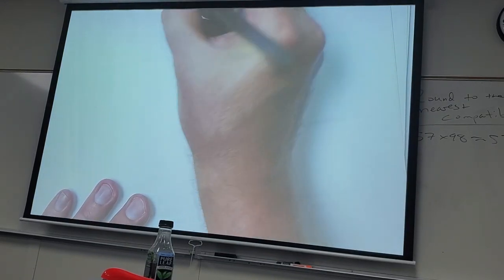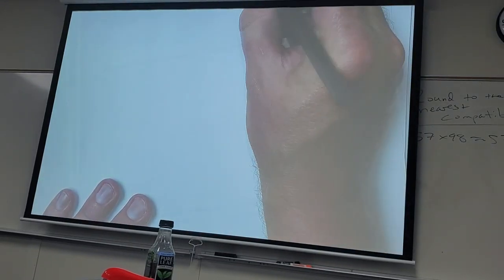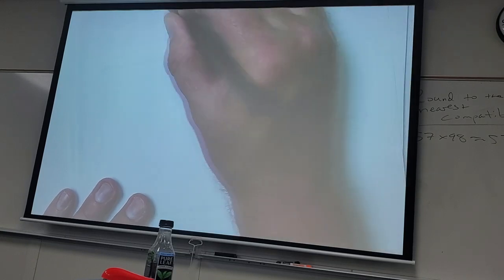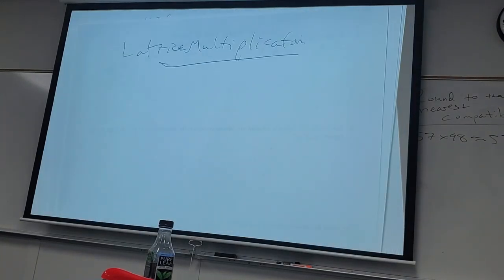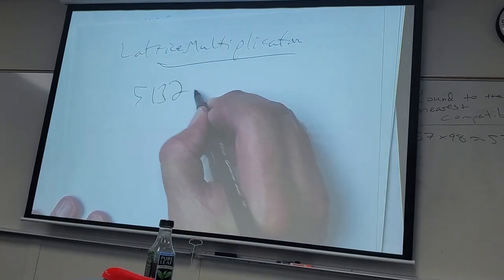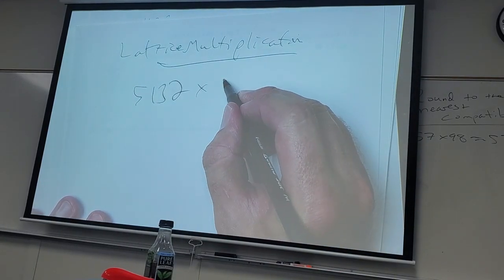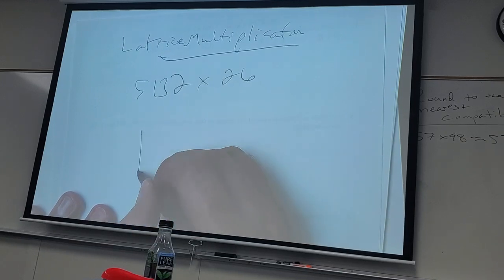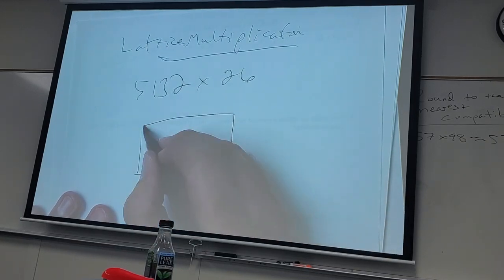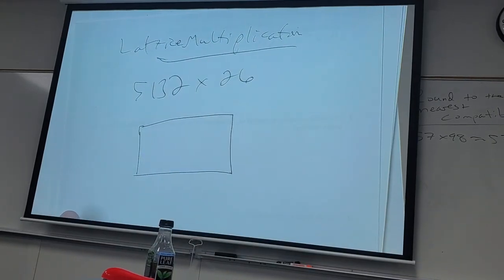I promised you guys we'd do lattice multiplication. So let's do 5,132 times 26. Here's how we do this. It's going to feel a little familiar to some of you who use the box method.